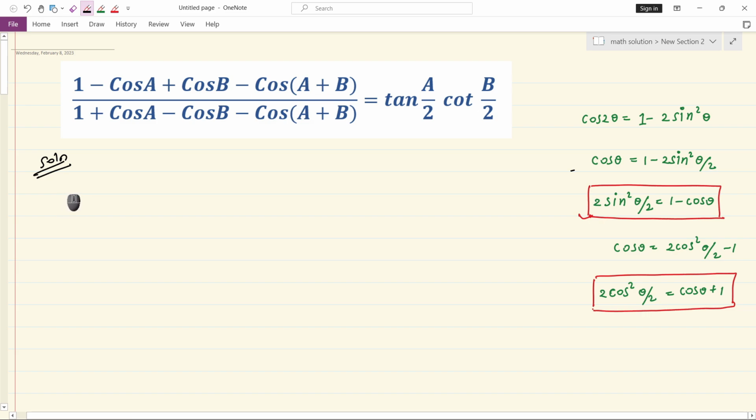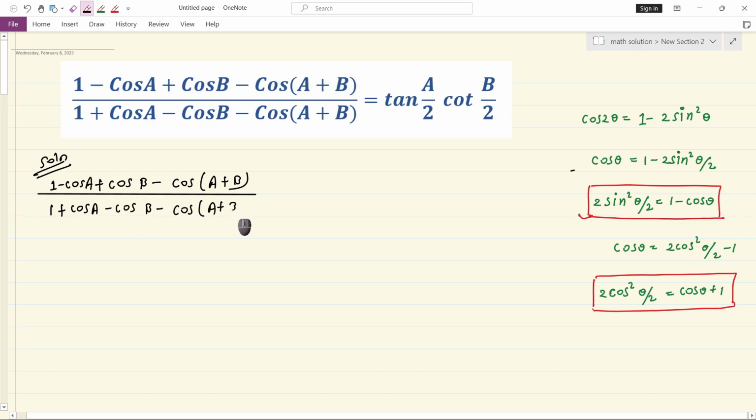I will write down the left hand side: 1 minus cos A plus cos B minus cos(A+B). I am basically doing nothing, just writing the left hand side. Similarly, 1 plus cos A minus cos B minus cos(A+B). Now in the next step, let's start.